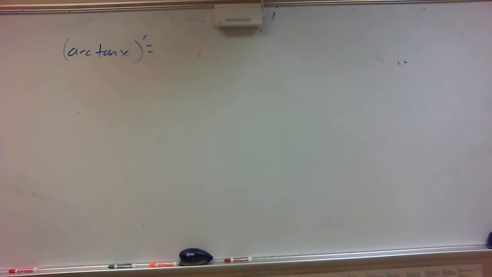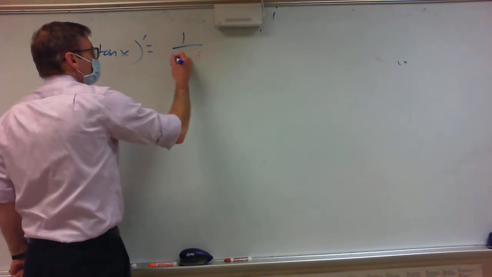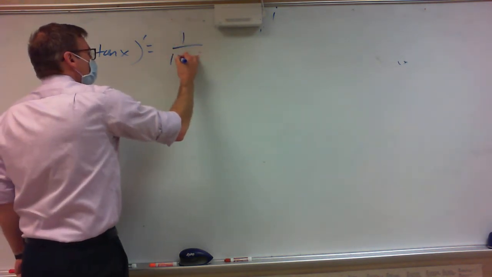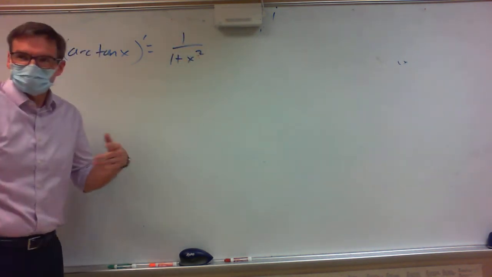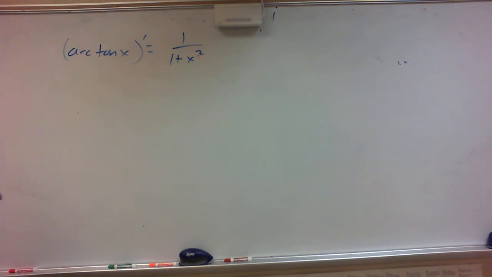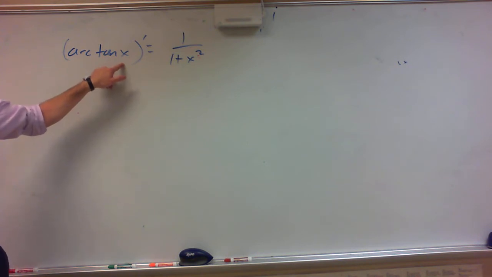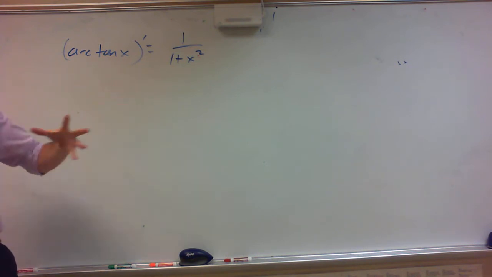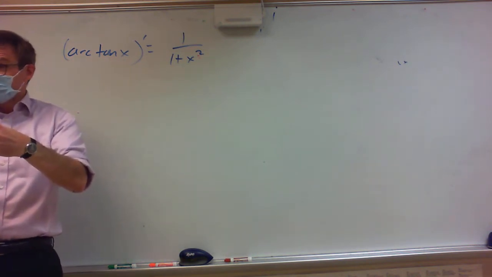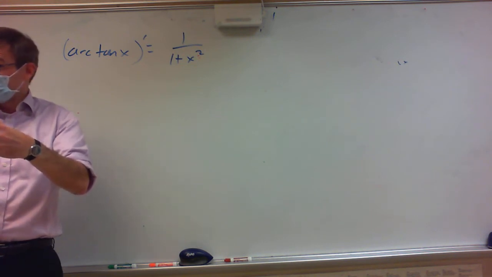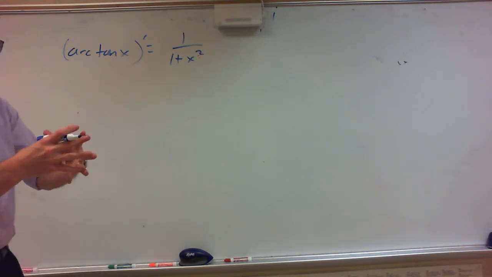And to refresh your memory, the derivative of arc tangent x is going to be 1 over 1 plus x squared, or x squared plus 1, it doesn't matter. And we're going to do the exact same thing. I'm going to put a 2 on top, figure out what happens with the 2. I'm going to put a 3 on the bottom. We're going to figure out what happens with the 3, and then I'm going to do a 2 over 3 and find out what happens when we put them together. Everybody got it?